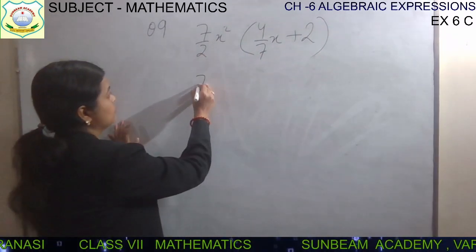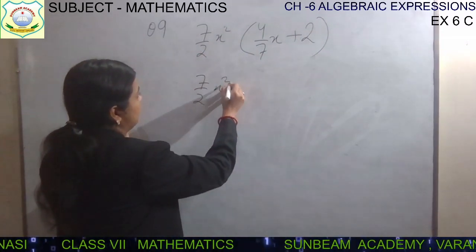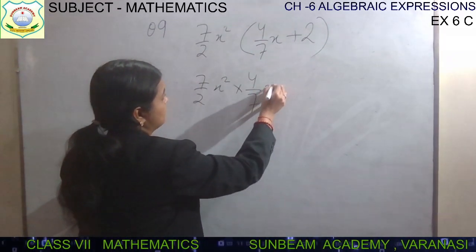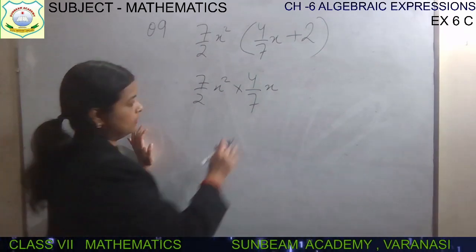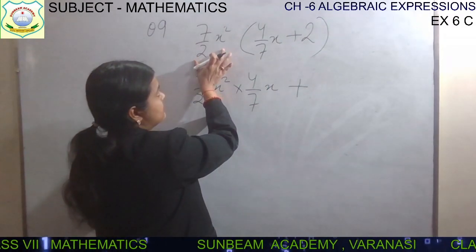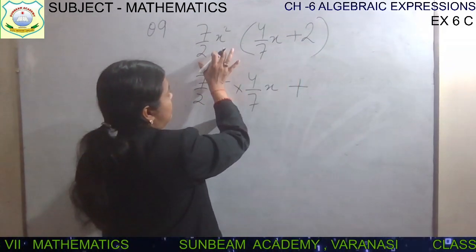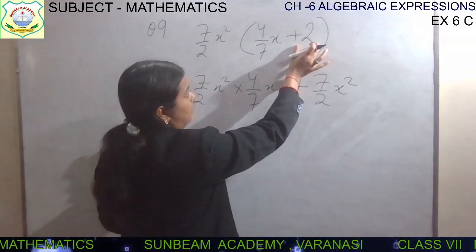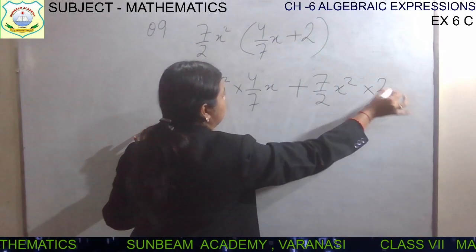So 7 by 2 x square will multiply with the first term, 4 by 7x. Then plus sign, so write down plus sign. Again this term will multiply with 2, so 7 by 2 x square will multiply with the second term, 2.